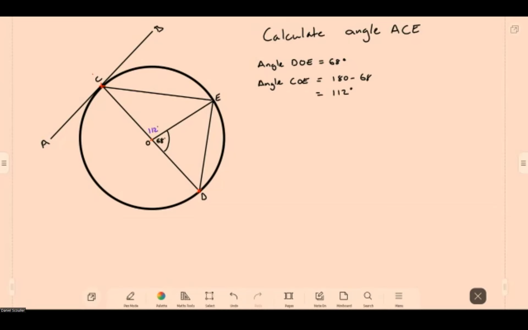Now, there's a line that goes from O to E. It goes from the center to the edge of the circle, so it's a radius. O to C is a radius, and where those two radii meet the circle, there's a line C to E joining them, so that's a chord. So there's a triangle being created from O to C and O to E. There's a triangle, so angle OCE is equal to angle OEC.